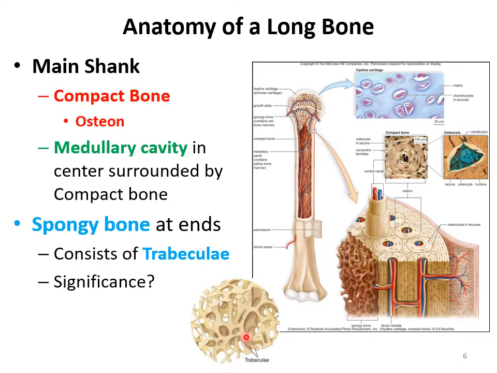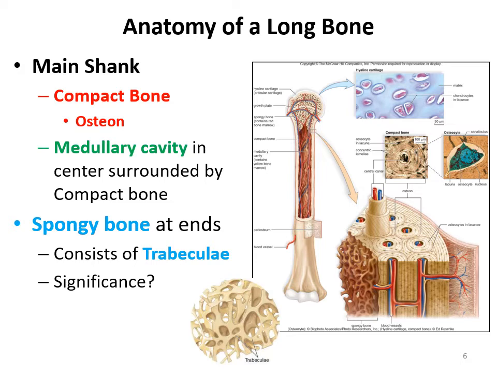So these small rod-like structures are the trabeculae, and they are basically for support, okay? When you look at it, you notice it's basically a whole bunch of bars and plates separated by these weird gaps and spaces, okay? No defined shape the way the compact bone has.